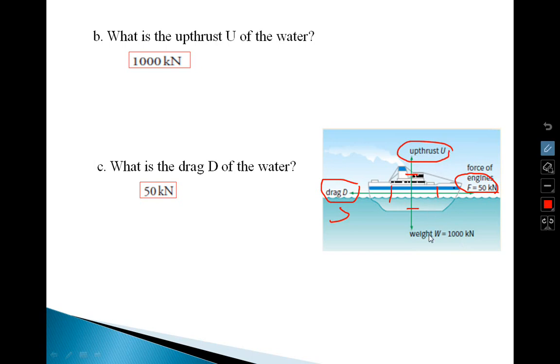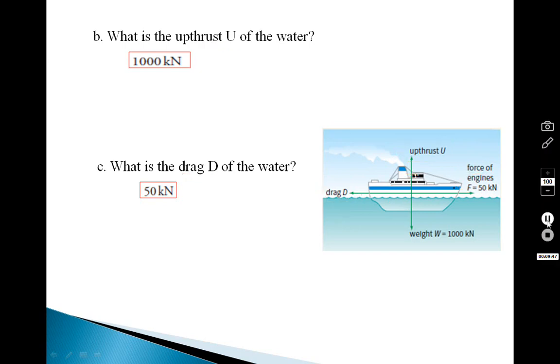So this one cancels this one, and the summation of all forces is equal to 0. The force U is the same as the weight, 1000 kilonewton, and the drag is the same as the engine force.